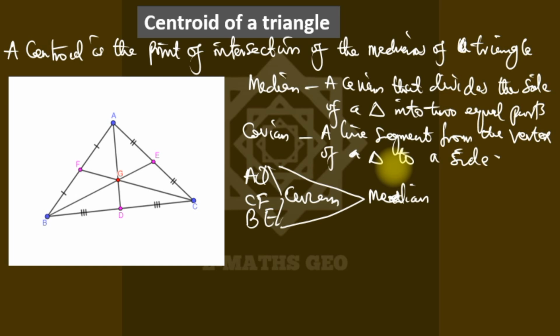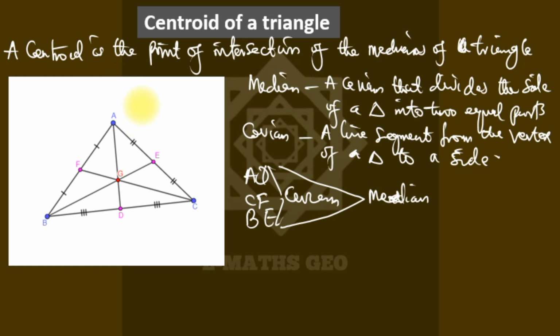So today we're going to want to get a relationship connecting the distance from the centroid to the vertex and the distance from that same centroid to the side, that's the base of the triangle. Do you get? They're in the ratio 2:1.